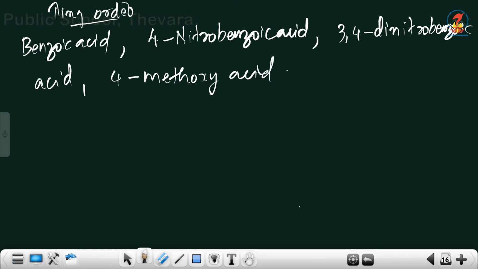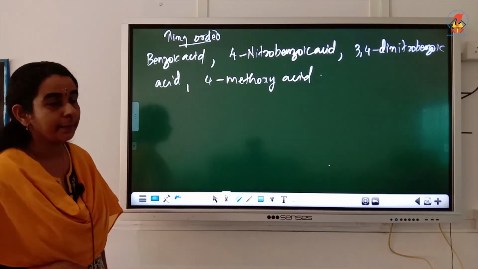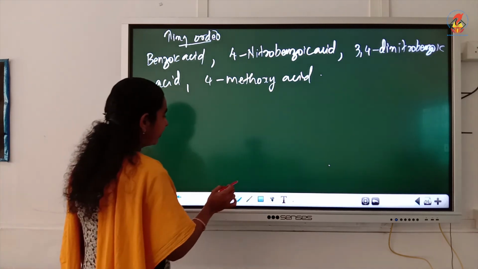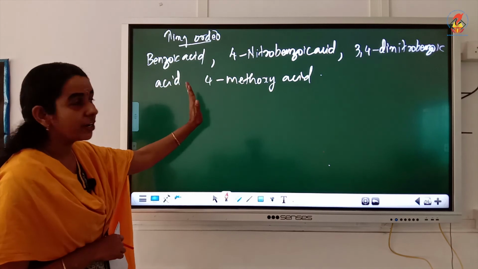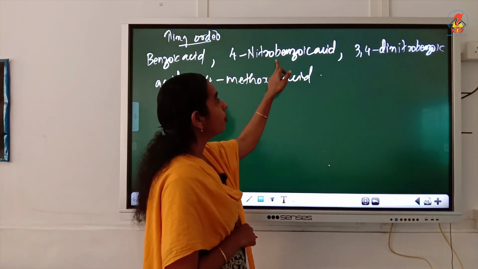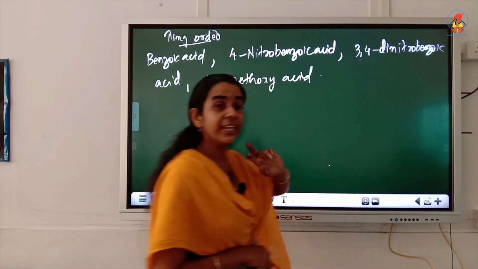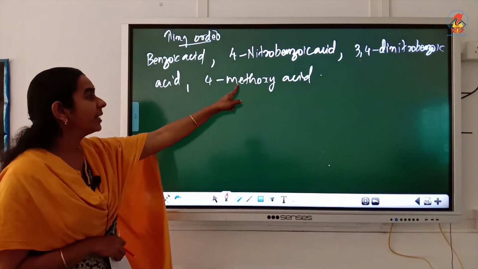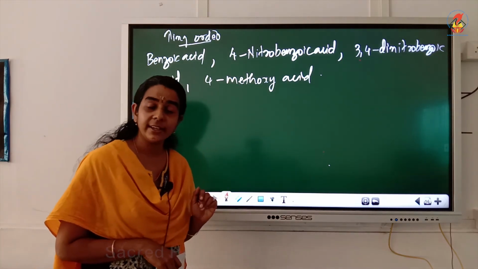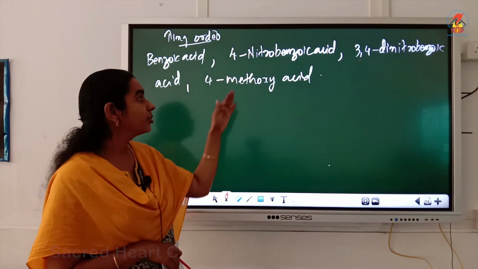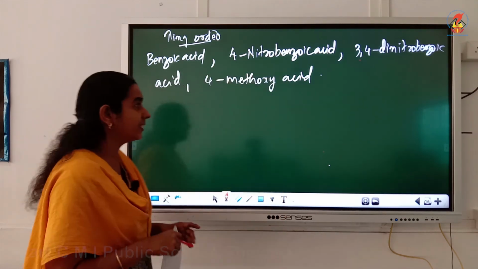These are the compounds given. We have to arrange them in increasing order of acidity. From this question it is clear that in benzoic acid there are no other functional groups present. In nitrobenzoic acid there is one nitro group. In 3,4-dinitro we have two nitro groups, and here we have a methoxy group. Methoxy group is plus I or electron releasing, so it will decrease acidity, but the nitro group will increase acidity.